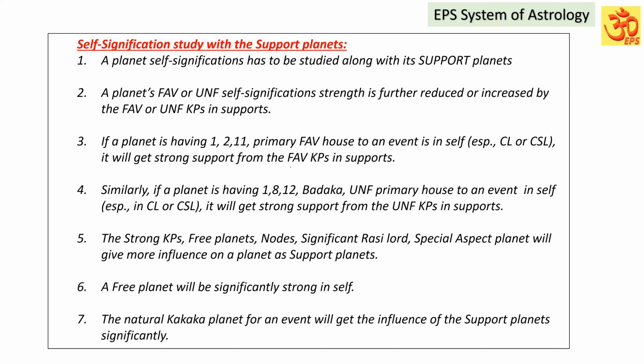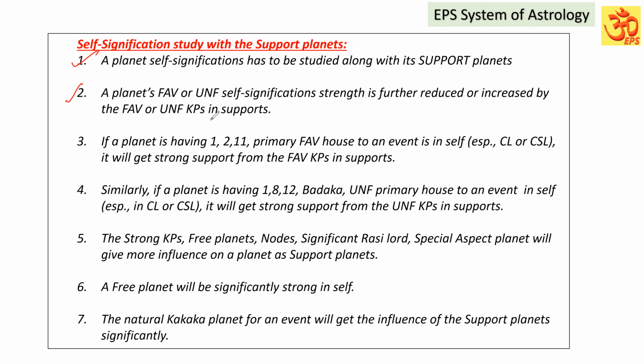We have already studied that. So while studying self-significations, left to right, we have to look at the planets in the support and their strength also. It means a planet's self-signification has to be studied along with its support planets.